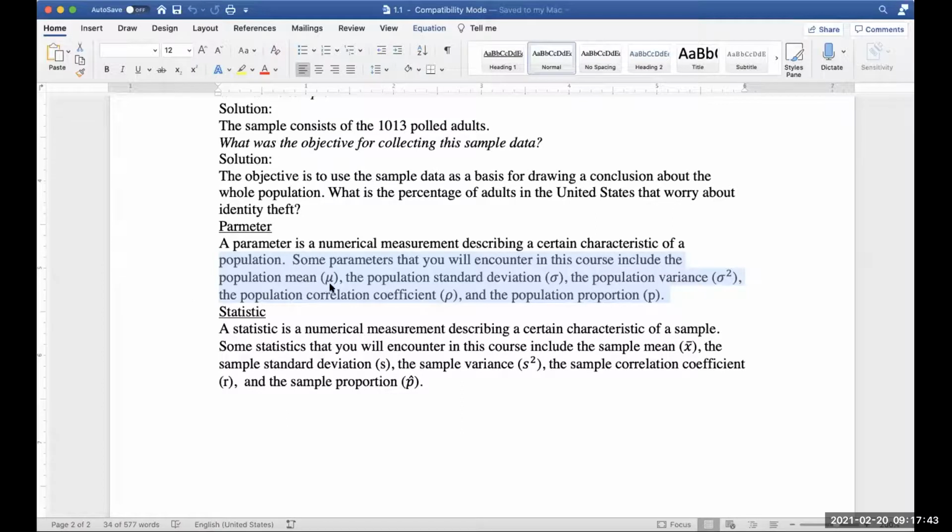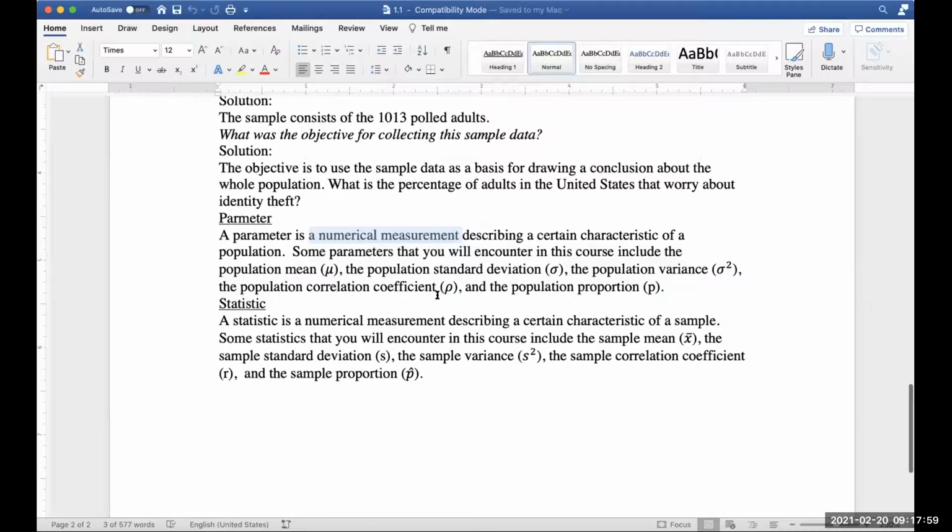In the near future, we'll define what each of these mean. So for right now, I'm just giving you a list of things that we will encounter. So a parameter is some numerical characteristic of the population.